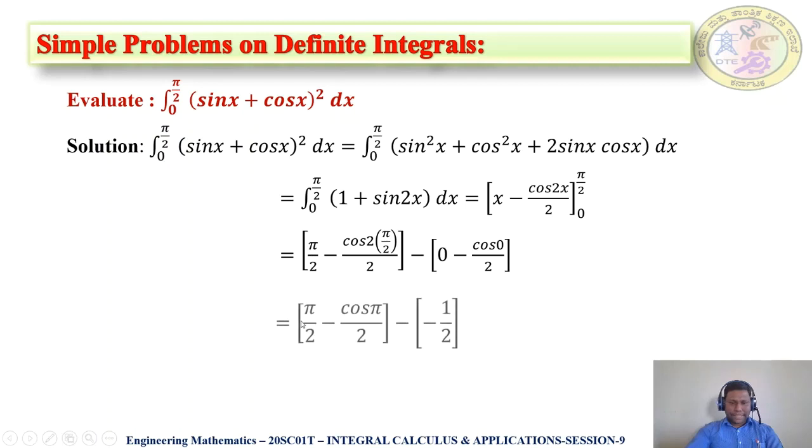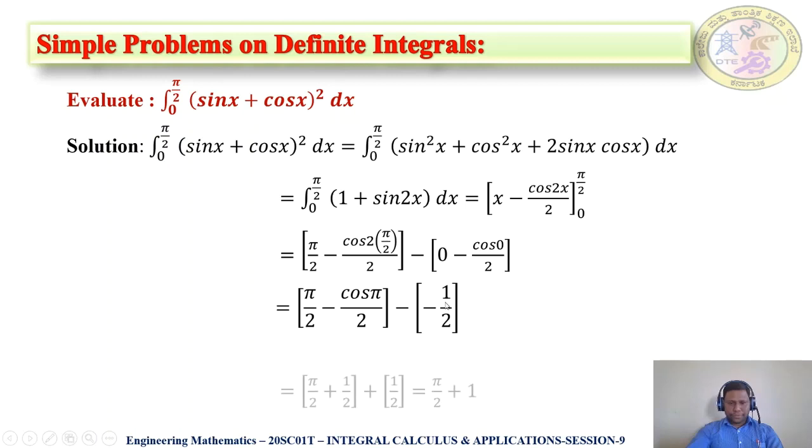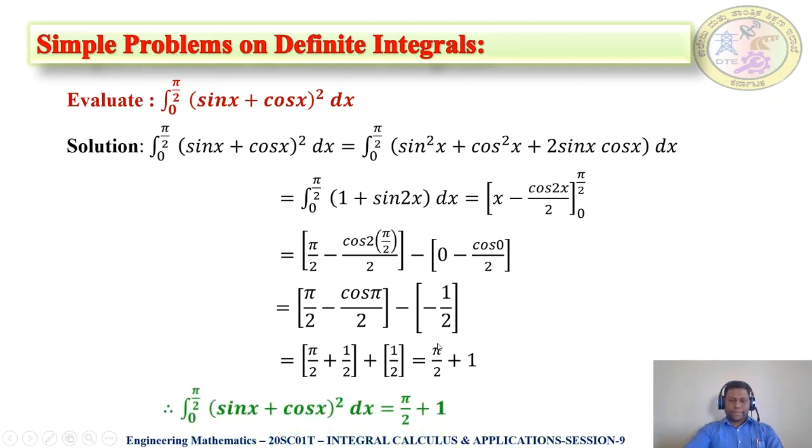Here pi by 2 remains as it is, 2 gets cancelled, it is cos pi, minus, here it is 0, again cos 0 is 1, we get minus 1 by 2. Again pi by 2, and we know that cos 180 degree is minus 1, so it becomes minus into minus, plus 1 by 2, and here also minus into minus, plus 1 by 2. So pi by 2 plus 1 by 2 plus 1 by 2, we get pi by 2 plus 1.